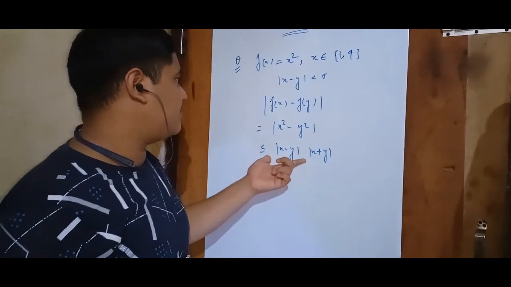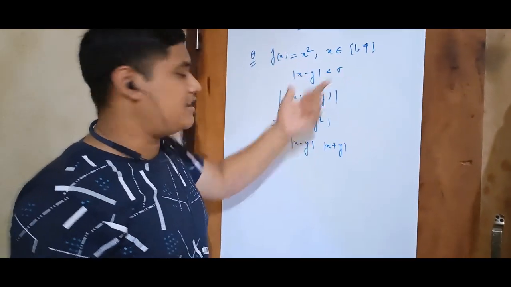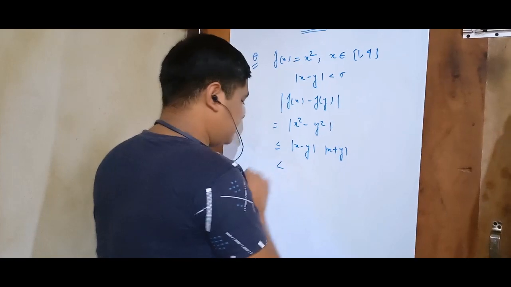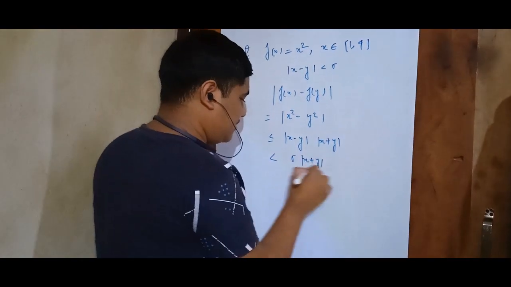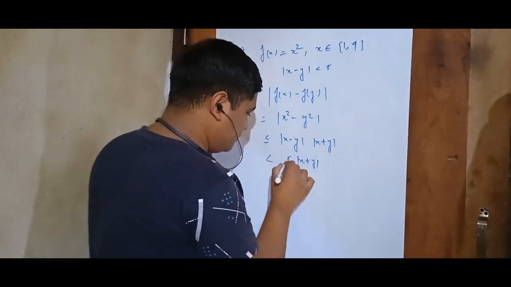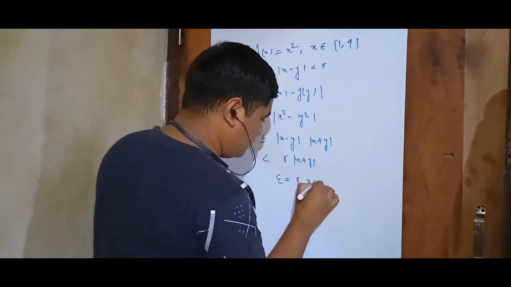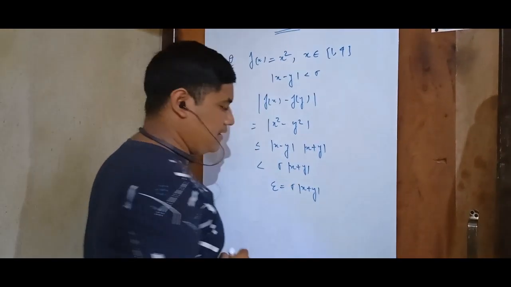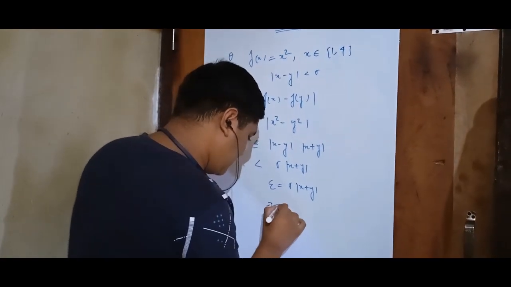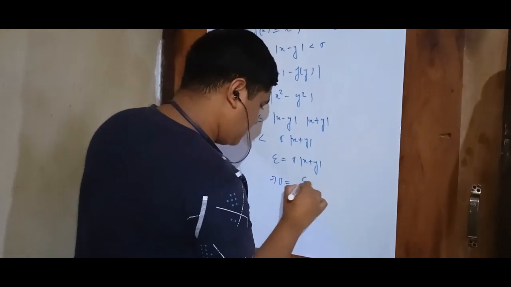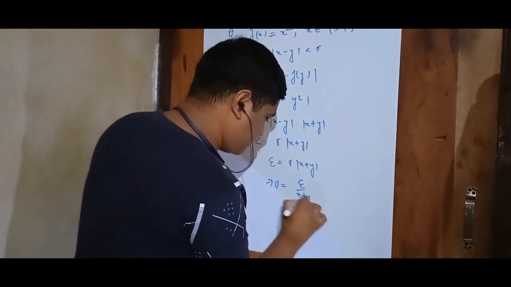Since modulus of x minus y is strictly less than delta, I can write this as less than delta into modulus of x plus y. So epsilon equals delta into modulus of x plus y, and delta equals epsilon upon modulus of x plus y.